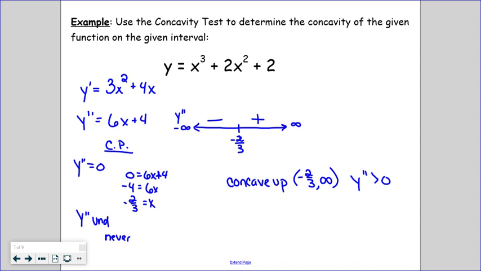It is concave down any place that our second derivative is negative, which would be negative infinity up to negative 2/3, and our second derivative is less than 0, or negative, in that section would be our justification. Questions on that?